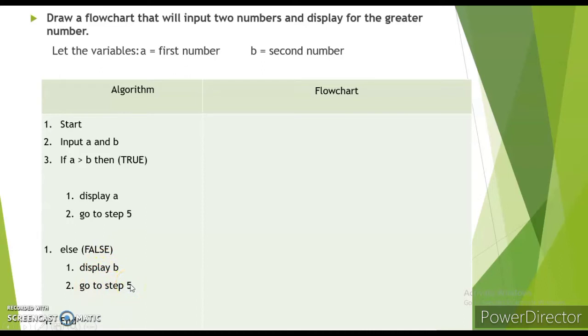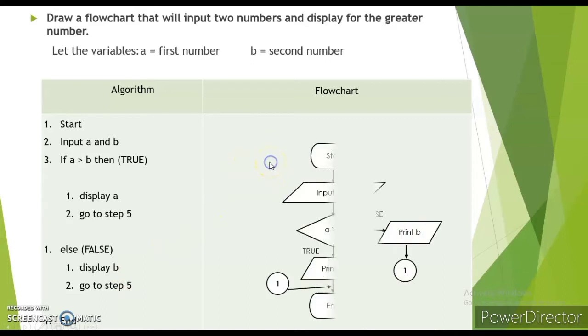So, let's try to write the flowchart. Or, let's try to draw the flowchart. Okay. So, here we go. Start, then, terminal, the connector line down. For the input process, input symbol, input natin yung A and B. And then, the terminal, the connector line down.